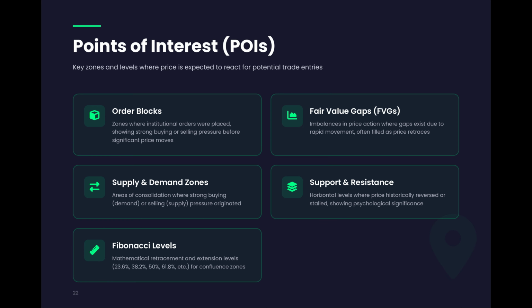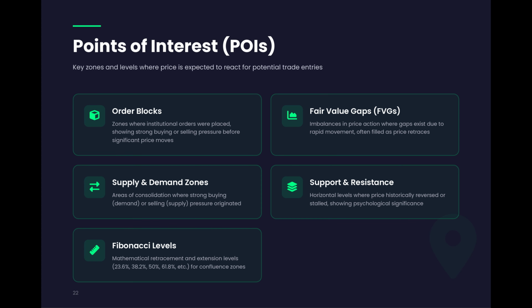If you're more traditionally minded, these horizontal levels where price has historically respected certain prices can serve as your points of interest. The key is that you want levels that have been tested and proven meaningful, not just random horizontal lines drawn across your chart. And fifth, Fibonacci levels or confluence. Some traders prefer using Fibonacci retracement or extension levels, particularly when they align with other points of interest.